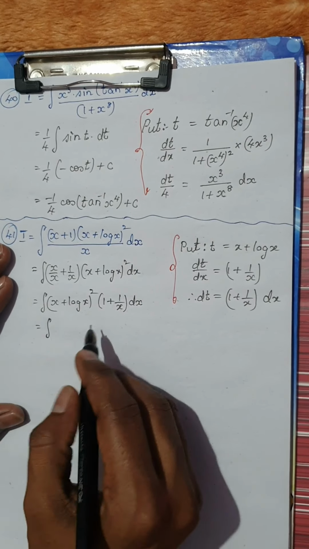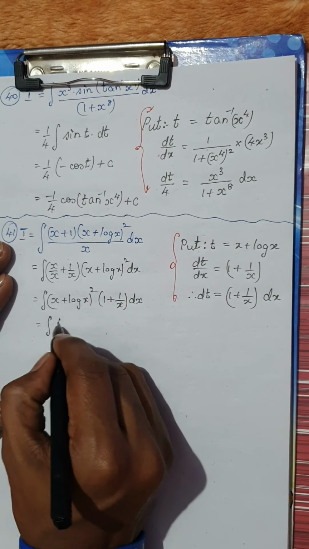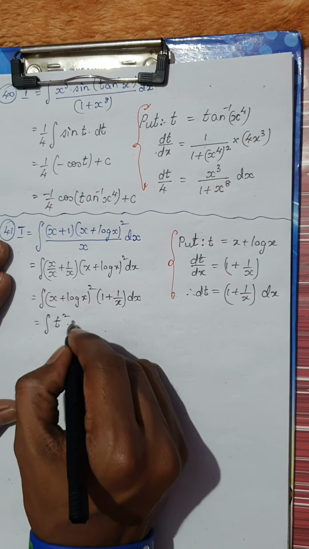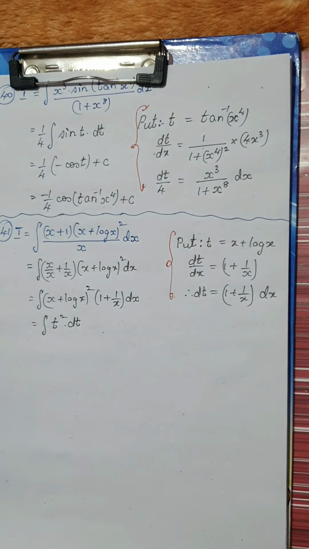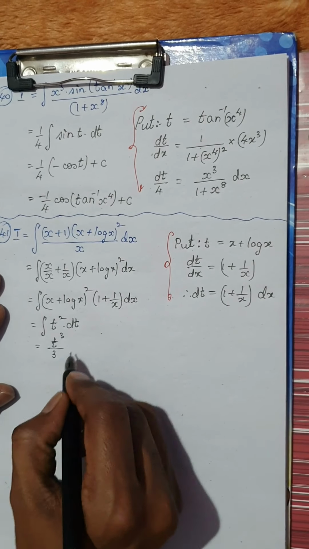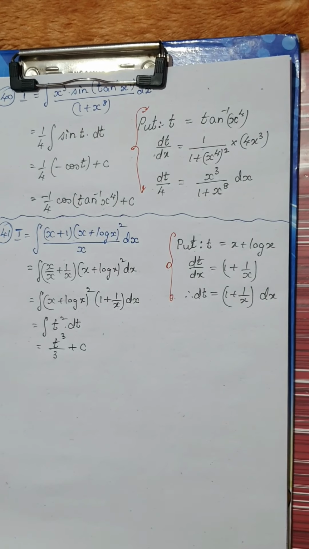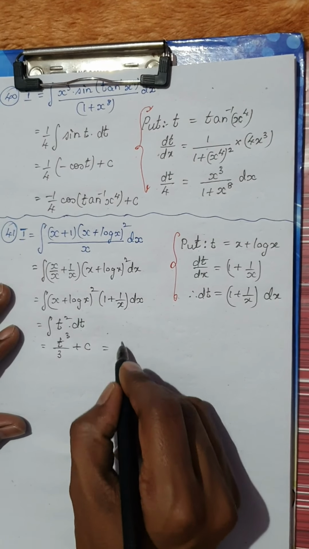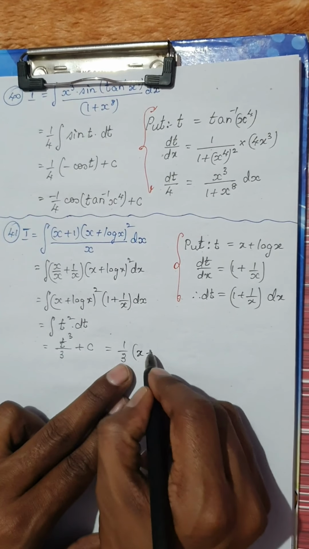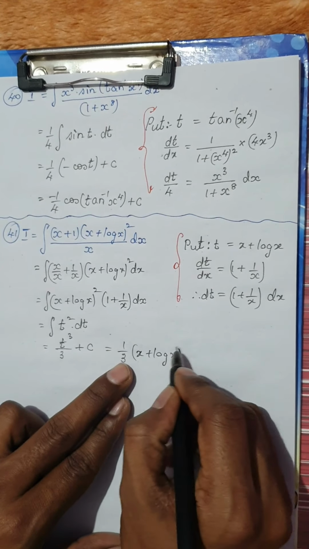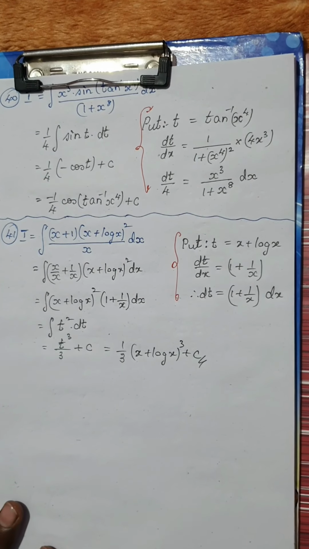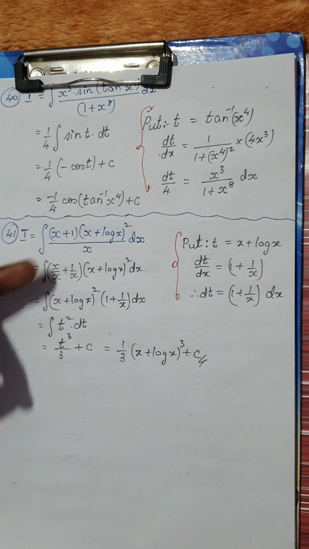So this is the integral of t square into dt. The integral of t square is t cube divided by 3 plus a constant of integration. So this is 1 by 3 into x plus log x whole cube plus c, a constant of integration, and that is the conclusion of the solution for this integral.